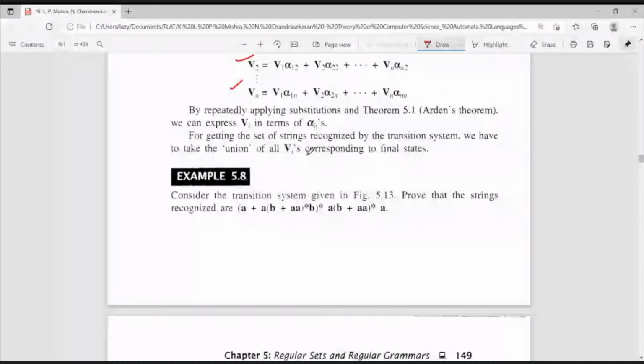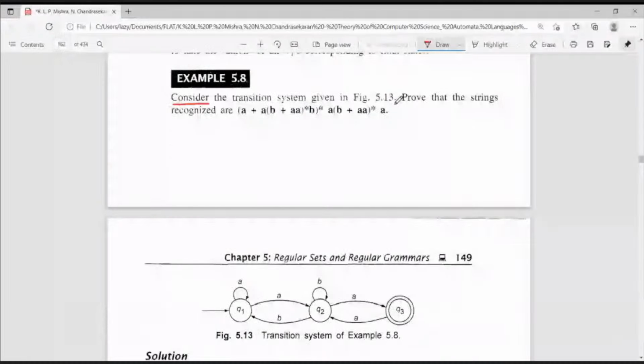Here we are saying, consider the transition system and prove that the strings recognized are this entire expression.